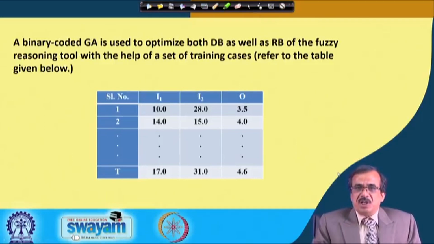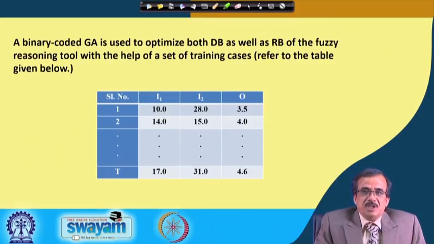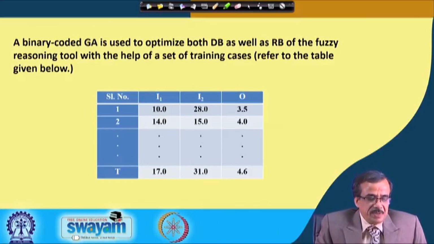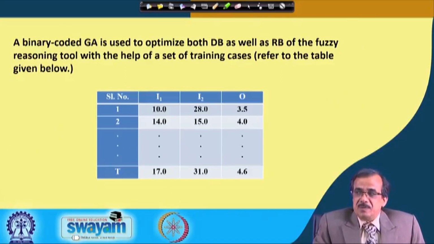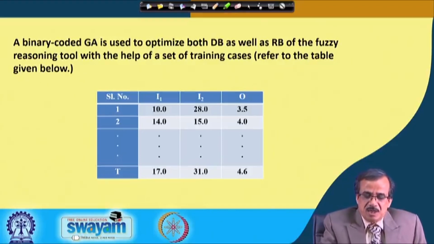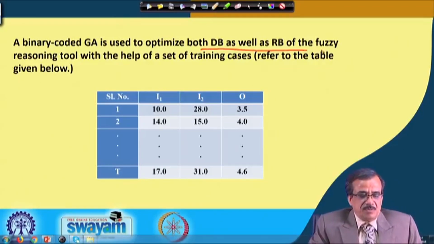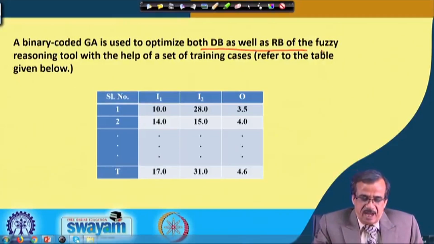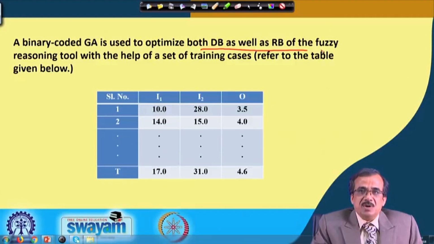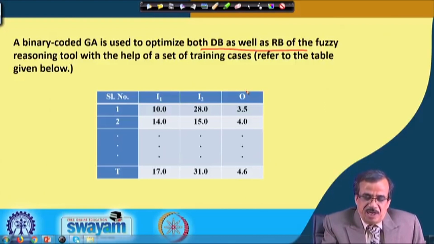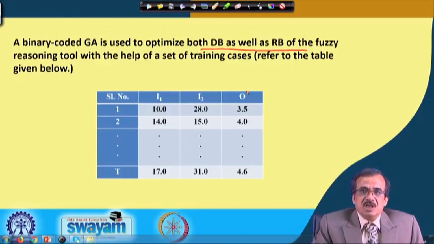Now, I am still continuing with the statement of this particular numerical example. Once again, a binary coded GA will be used to optimize both the database as well as the rule base of this fuzzy reasoning tool. And here we have got the set of training cases, and a particular training scenario is nothing but the relationship between the inputs and output.